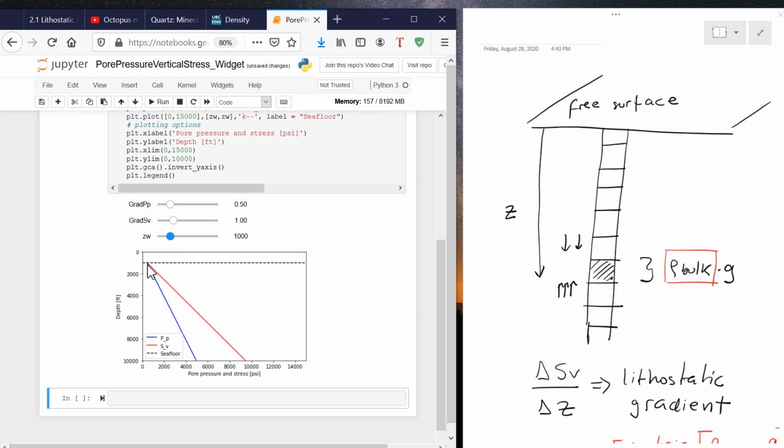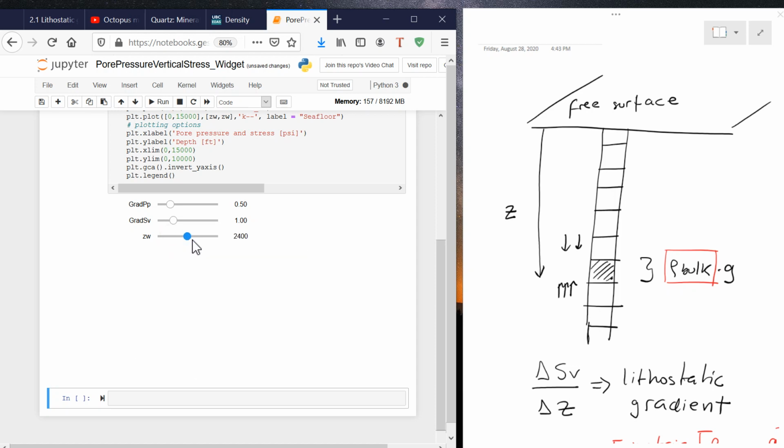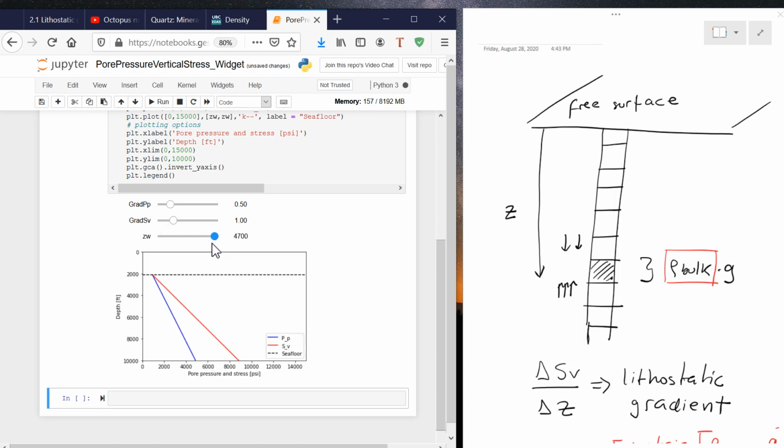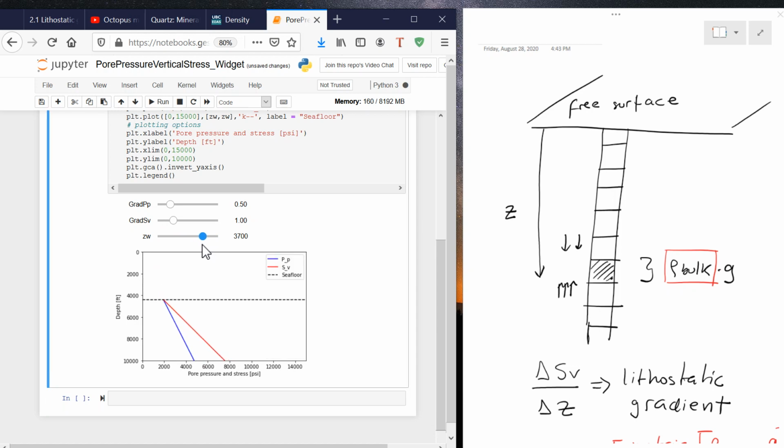Now at the seafloor, it has a characteristic value, and the pore pressure increases linearly, vertical stress increases linearly. Let's go a little bit more. Let's go to, let's say, 2,000. Let me leave it there. 3,700. I have the vertical stress. I have the pore pressure.